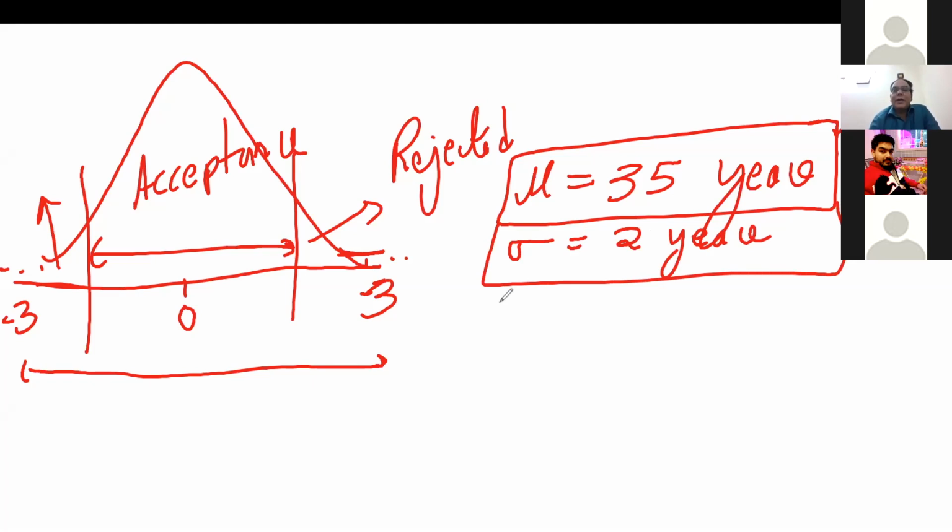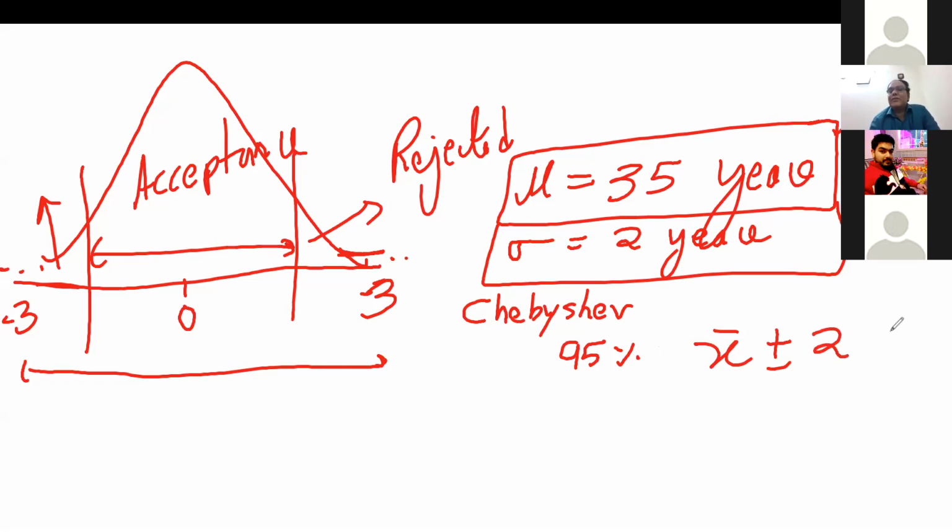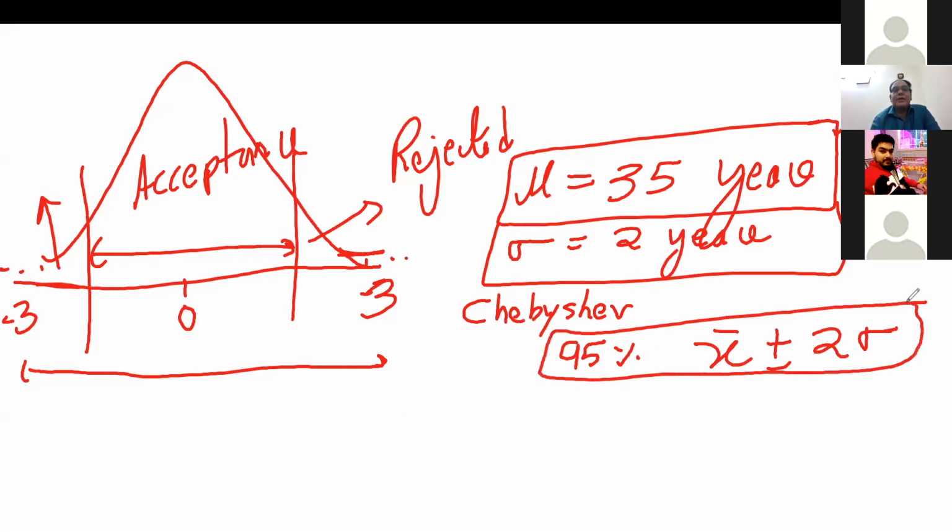Number one, I have a Chebyshev theorem. This theorem says that 95% of the population lies in the range of mean plus minus 2 standard deviation, right? So let me explain you this concept first, then I will explain the acceptance and rejection region.